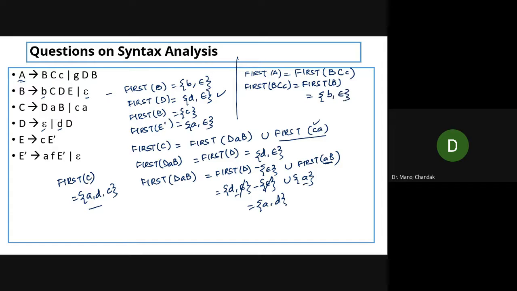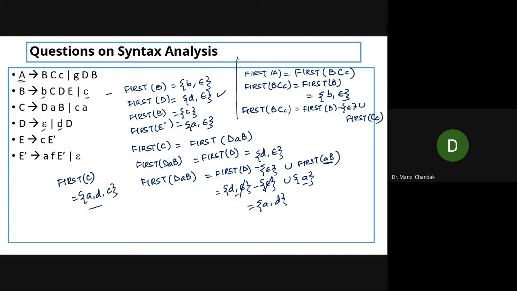So since it contains epsilon, we move further. So first of BCC will be, so small c, not capital C here, small c, will be equal to first of B minus epsilon union first of capital C, small c. Okay.